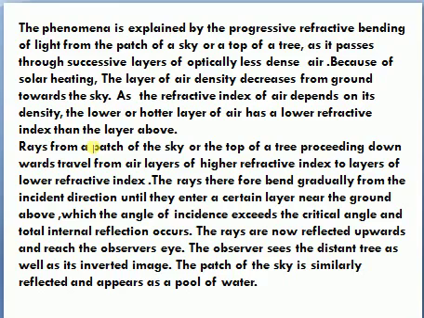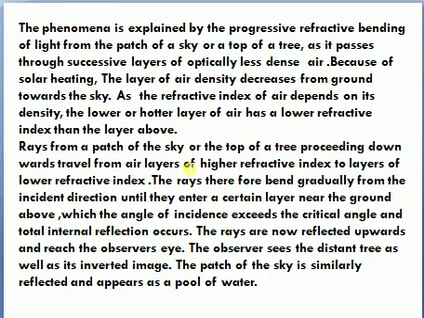Now rays from a patch of the sky or rays from the top of a tree: we are trying to explain what brought about this optical illusion which we call mirage.